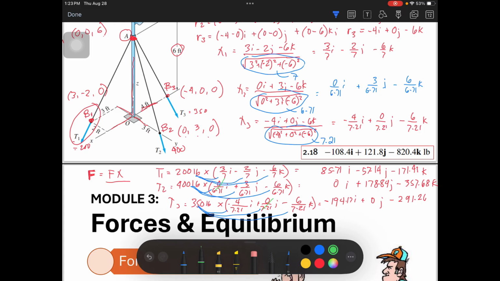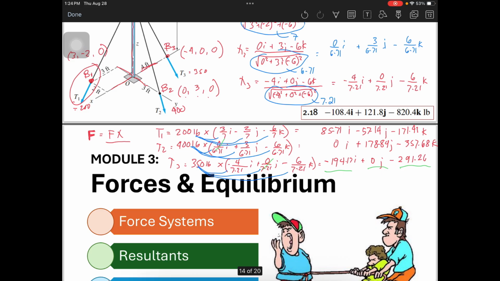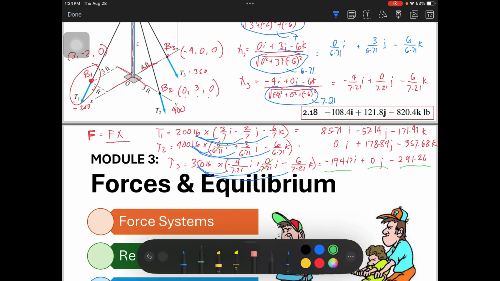Okay, so eto na. Lahat ng kasama ni I are your summation sa Fx. Lahat ng kasama ni J, summation along Fy. And lahat ng kasama ni K, summation sa z-axis. So, sum up na natin. So, positive 85.71 minus 194.17. It is negative 108.46 i.